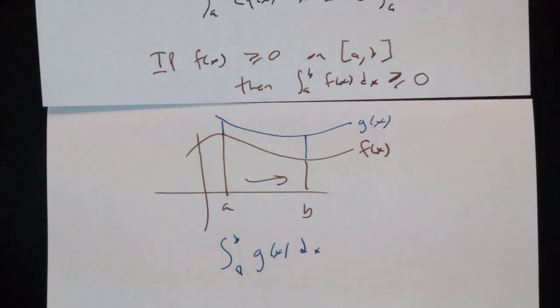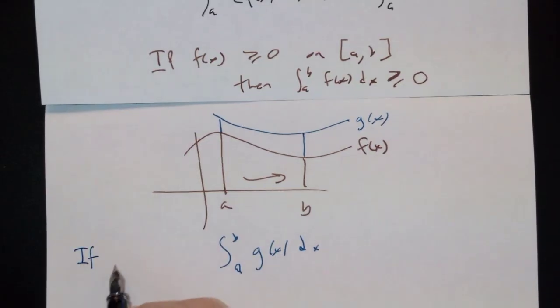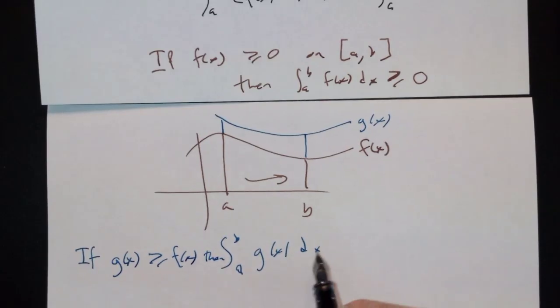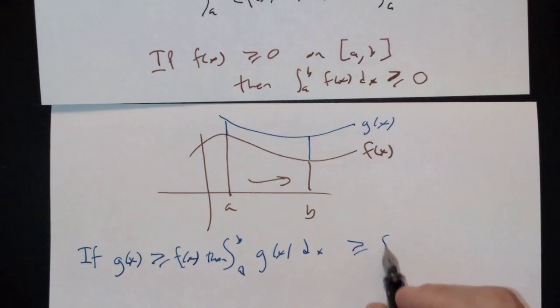Everywhere in this picture, g is bigger than f. So if I start adding up rectangles for g, I've got to be adding up heights that are bigger than heights for f. If g is bigger than or equal to f, then the integral for g is bigger than or equal to the integral for f.